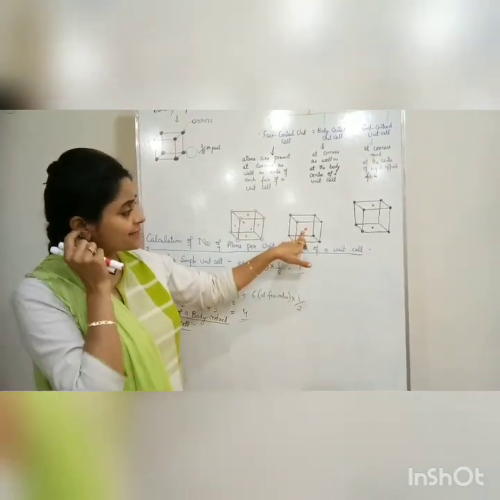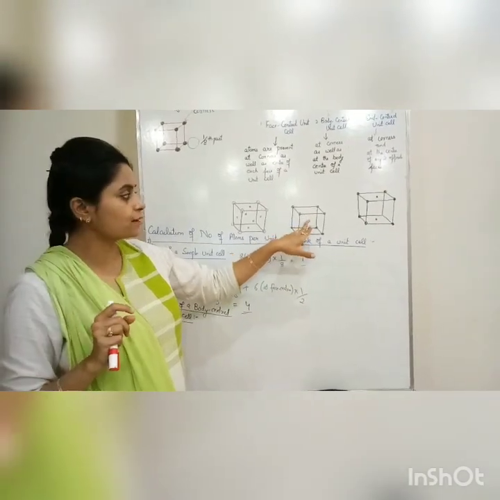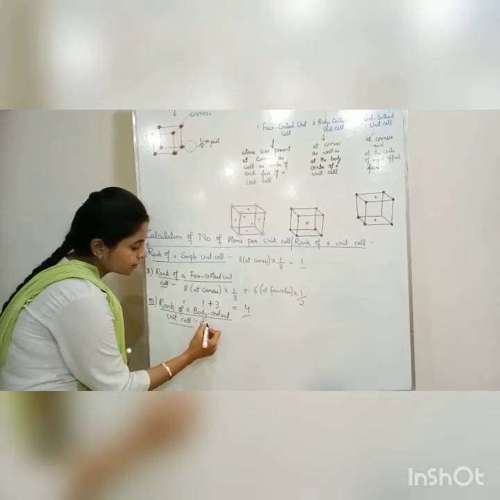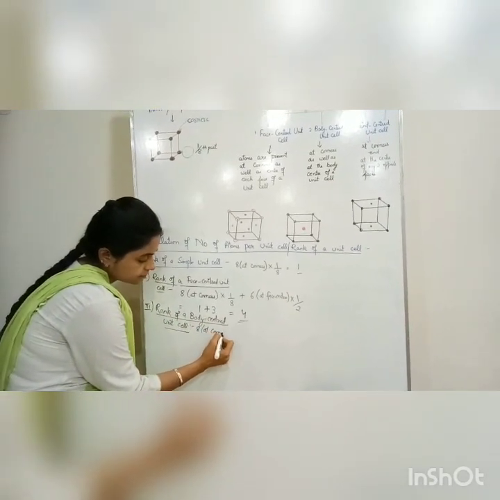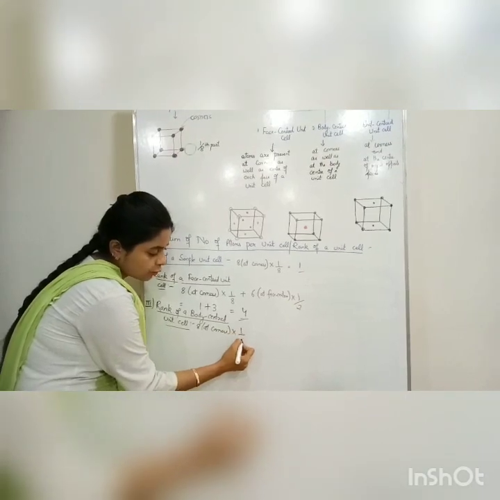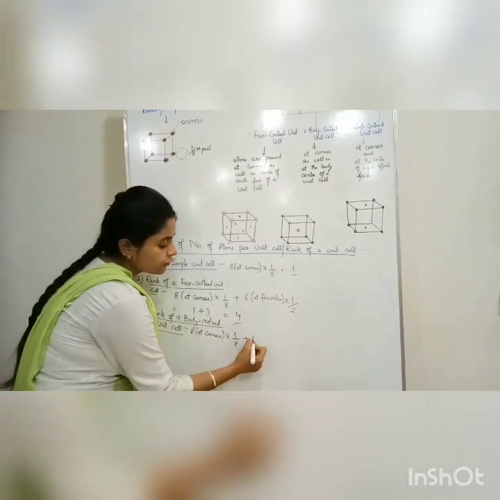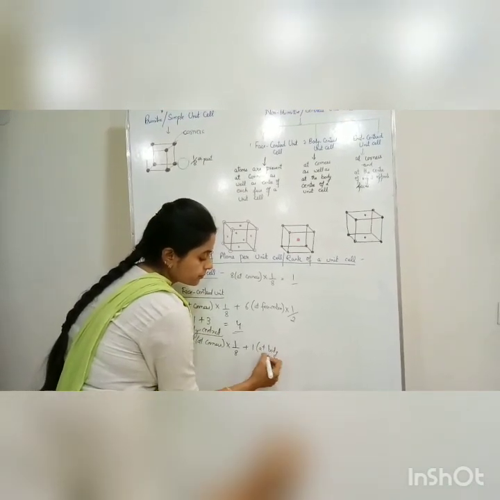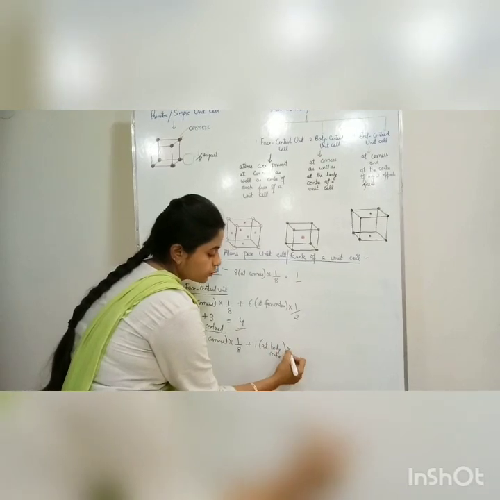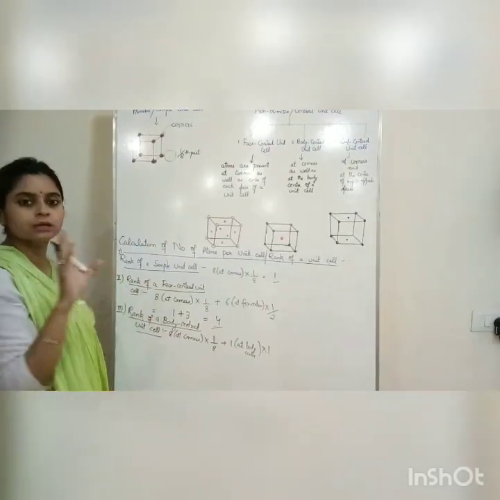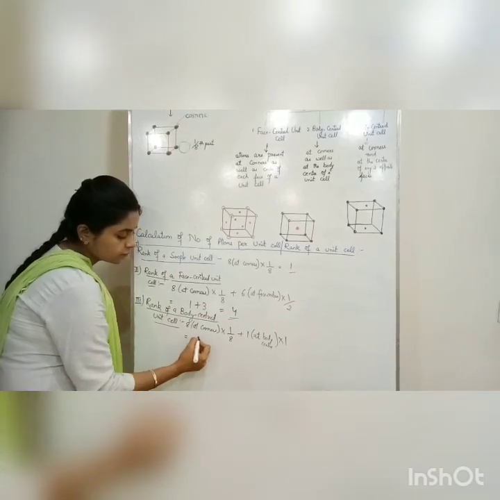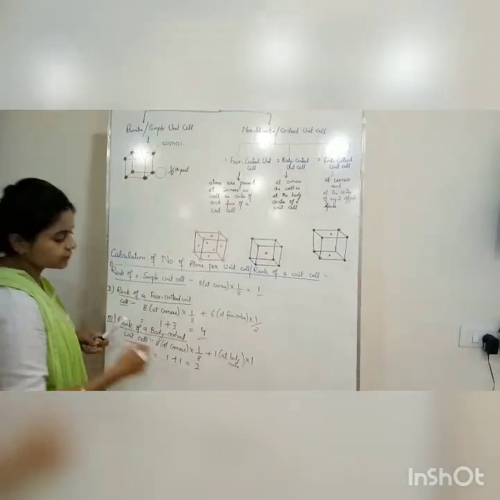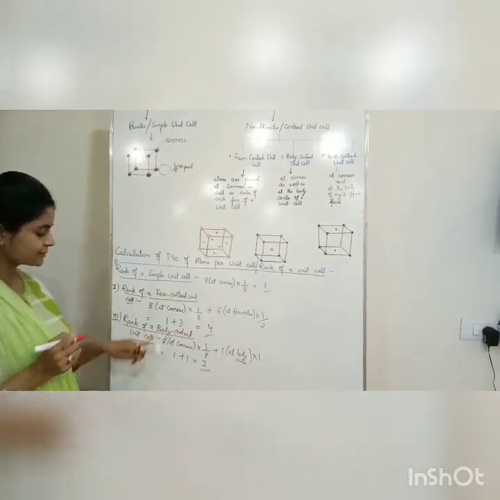As a result, it has a contribution within the cell only. And rank can be calculated like 8 at corners multiplied by its contribution, that is 1 by 8, plus 1 at body center into its contribution of 1, because it is shared by only one unit cell. So it comes out to be 1 plus 1 equal to 2. So its rank, or number of atoms within a body-centered unit cell, is 2.